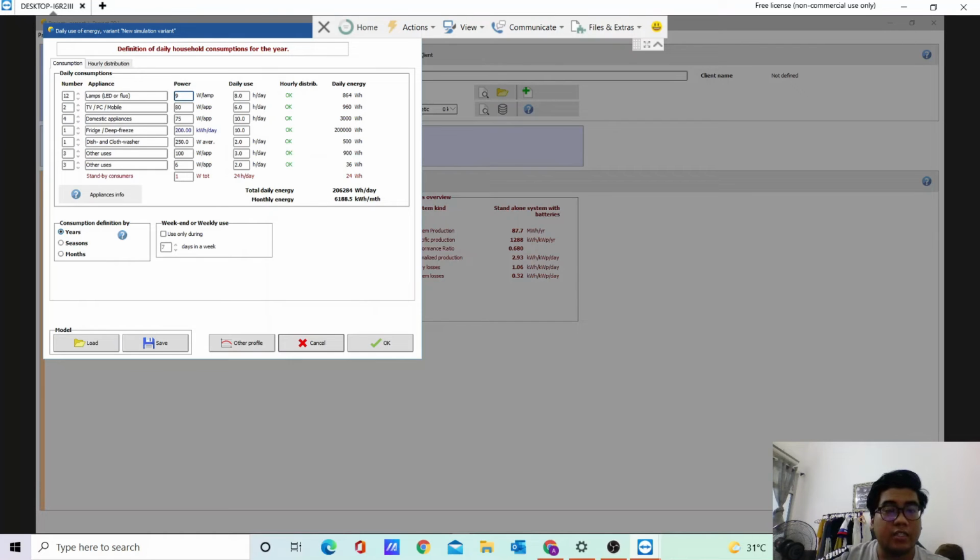So the daily energy is 864 watt-hours. And then for the TV, PC, mobile, there are only 2. Each needs 80 watt power, with daily use of 6 hours per day, and then we get 960 watt-hours.